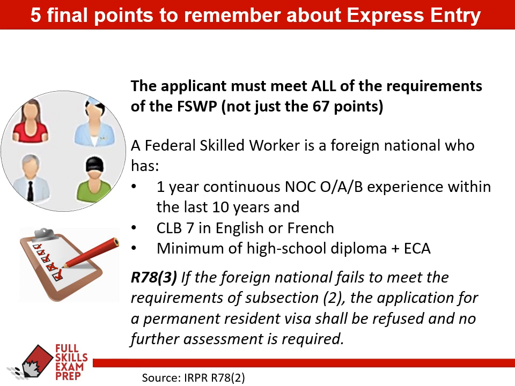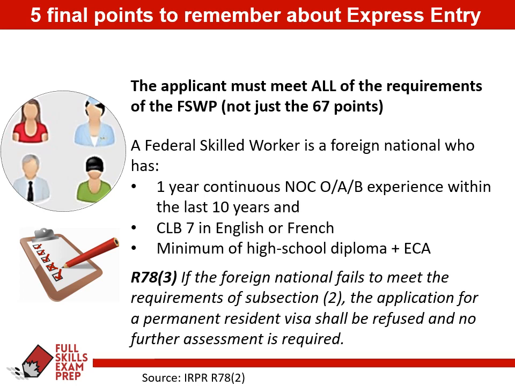So one of those points that is pretty important to remember, and just because we've looked at these questions today in such detail, is to take a step back and remember that a person needs to meet all of those requirements of the Federal Skilled Worker Program, not just the points. So they have to meet the work experience requirements, the language requirements, and the education requirements.